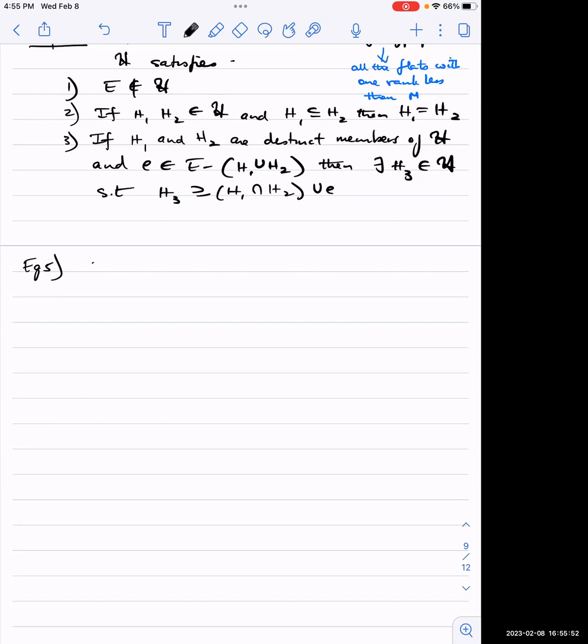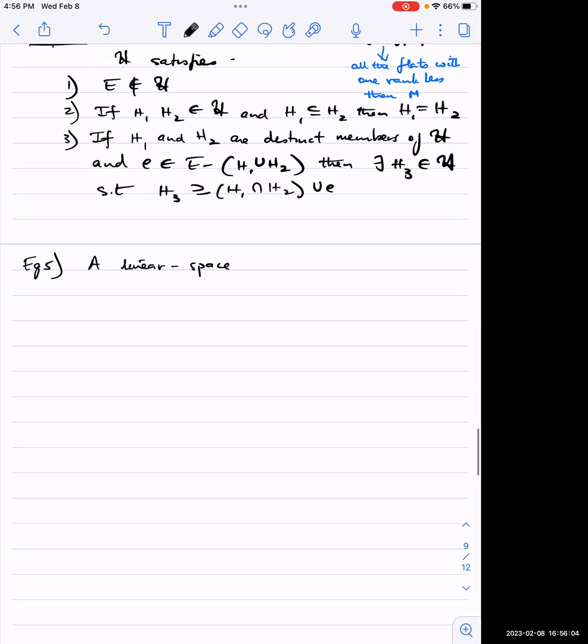A linear space, that is what it is called. There's a whole book called Linear Space, and that's basically a rank three matroid. It is a set of points E and a subset of points called lines.